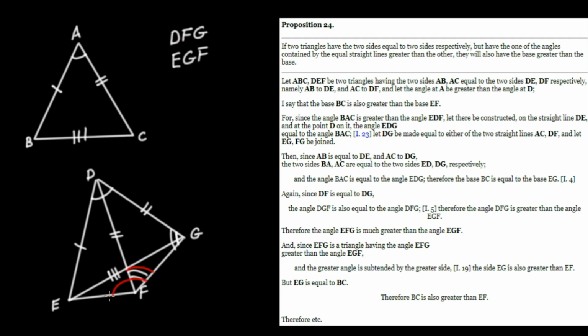So it follows that EFG is greater than DFG. So we can rank that as well. So greater still than DFG is EFG. And from that it follows that EFG is much greater than EGF. Hence he says, therefore the angle EFG is much greater than the angle EGF.